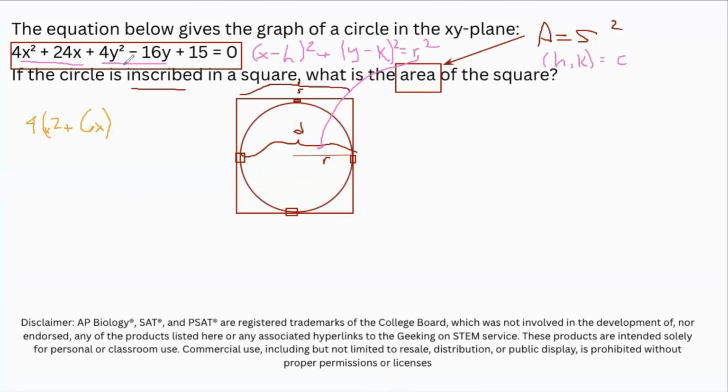And I'm going to do the same with the y's. So I am going to take out the highest, which is a 4, leaving y squared minus 4y plus 15. Note this is all going to equal 0, right?